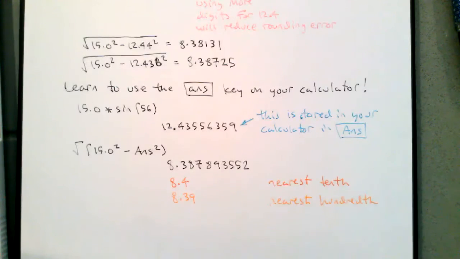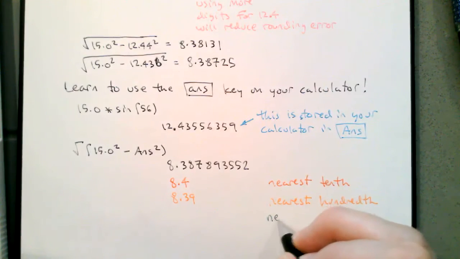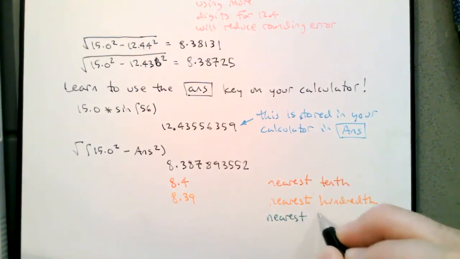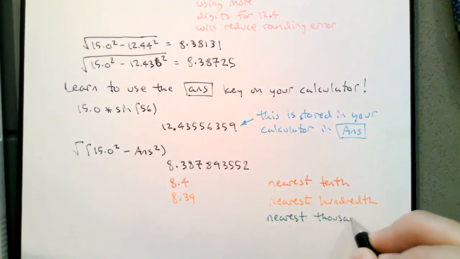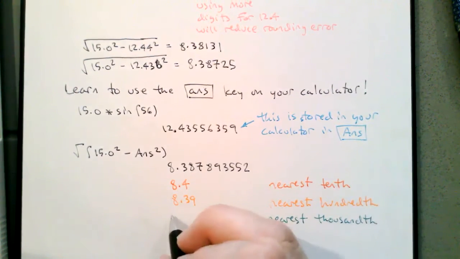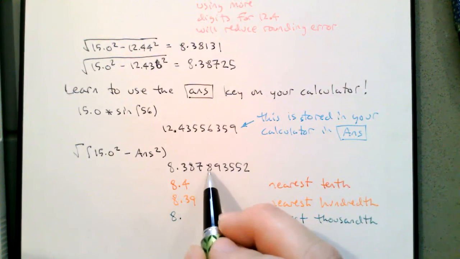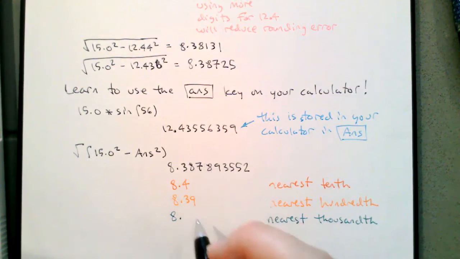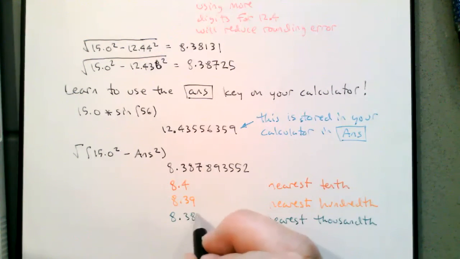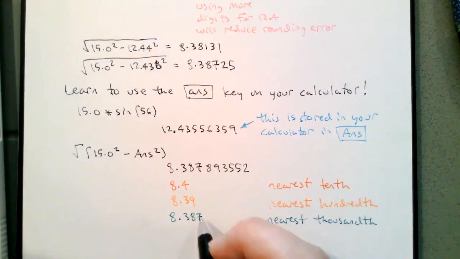The nearest thousandth will be 8 point, I have to write three digits for the thousandth: 387. The next digit is an 8, which makes the 7 into an 8. So 387 becomes 388.